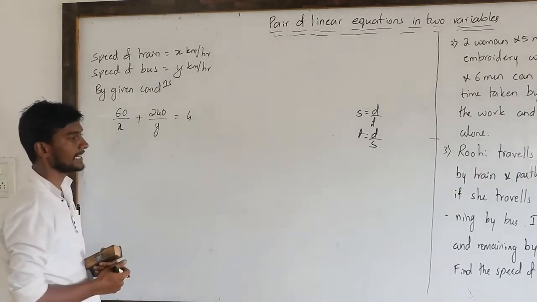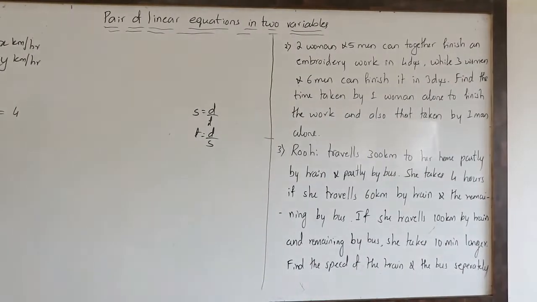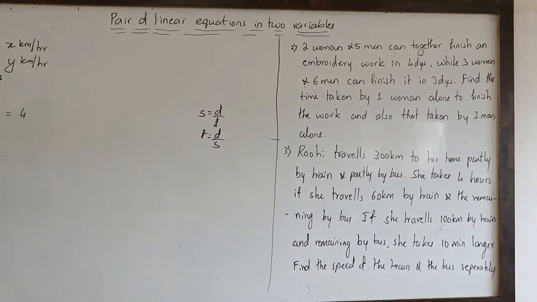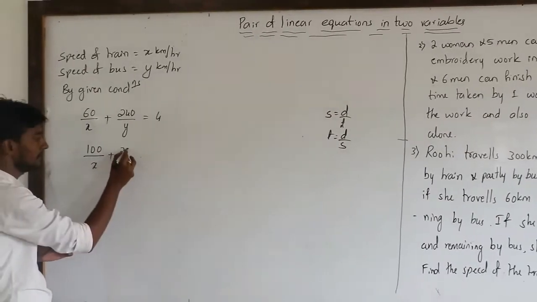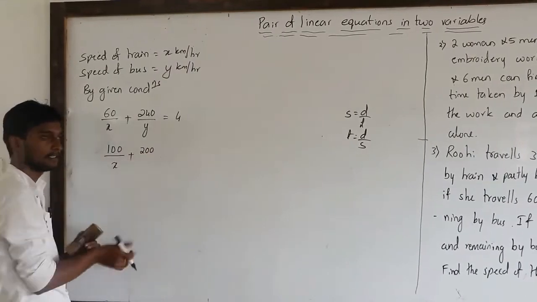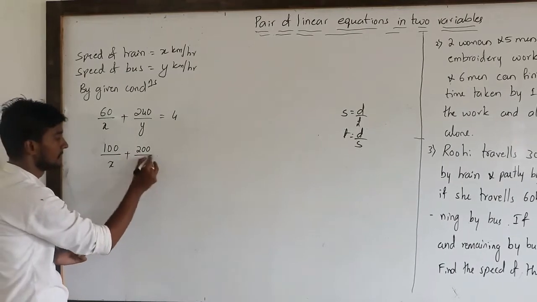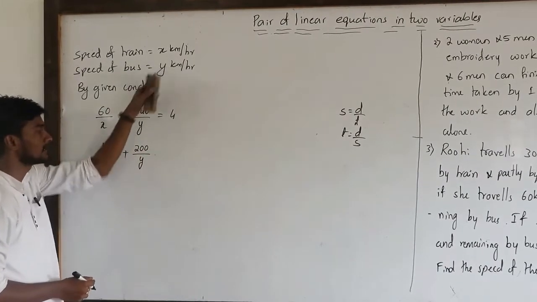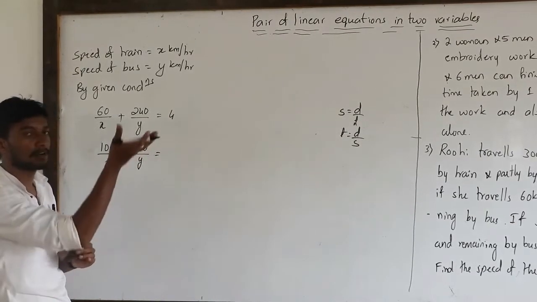In the same way, second condition, if she travels 100 km by train, distance divided by speed of train is 100 divided by x, plus the remaining 200 km by bus, distance divided by speed of bus, 200 divided by y, is equal to how much time she will take? 10 minutes longer.